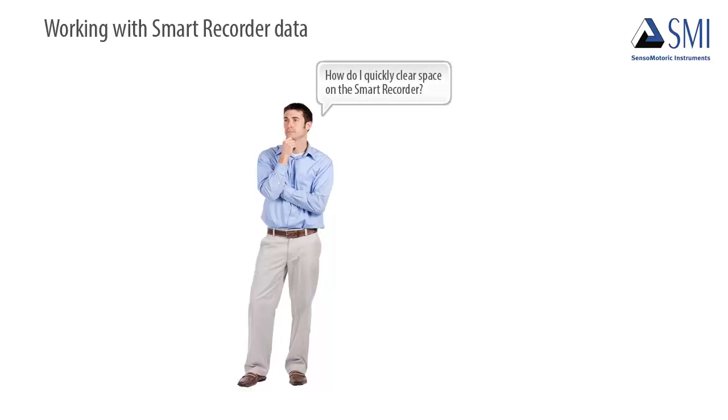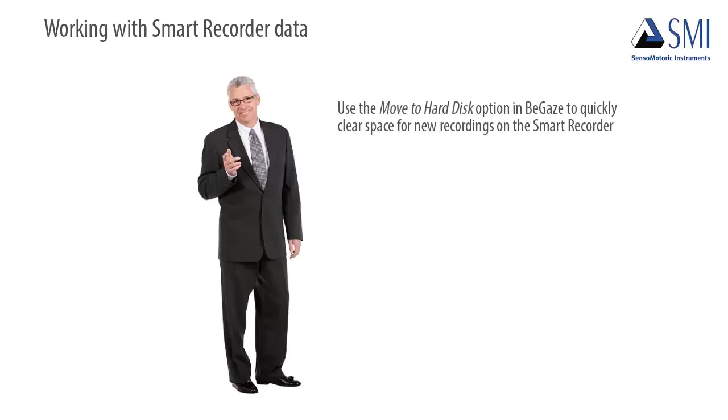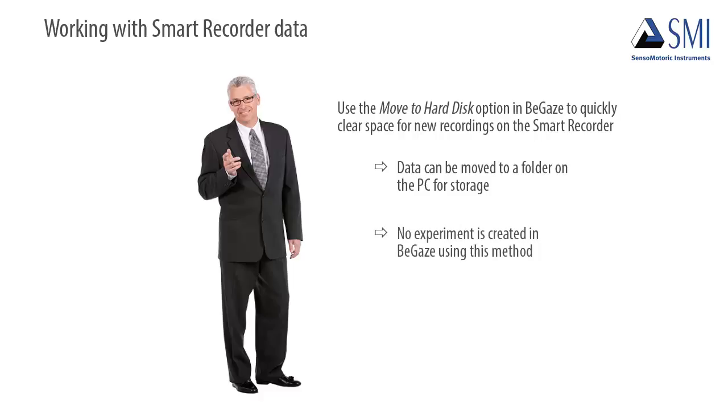Let's look at how to quickly clear up space on the SmartRecorder. The Move to Hard Disk option in BGAZE allows you to quickly clear space on the SmartRecorder. This option allows you to move data into a folder on the PC in order to store the data. No experiment is created in BGAZE, but it is possible to create an experiment later using this data.